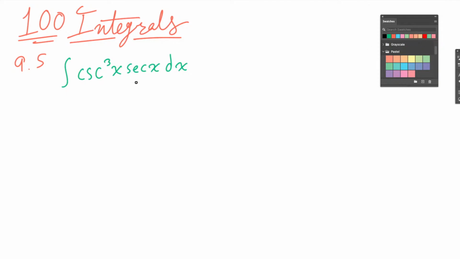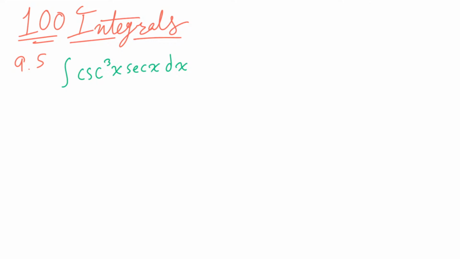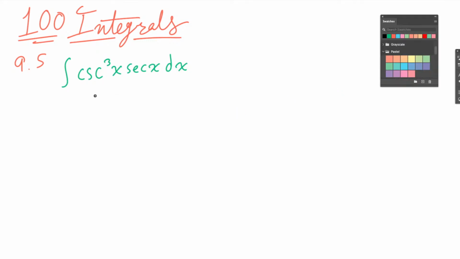Okay. Now, remember, the derivative of cosecant equals negative cosecant cotangent, I think.